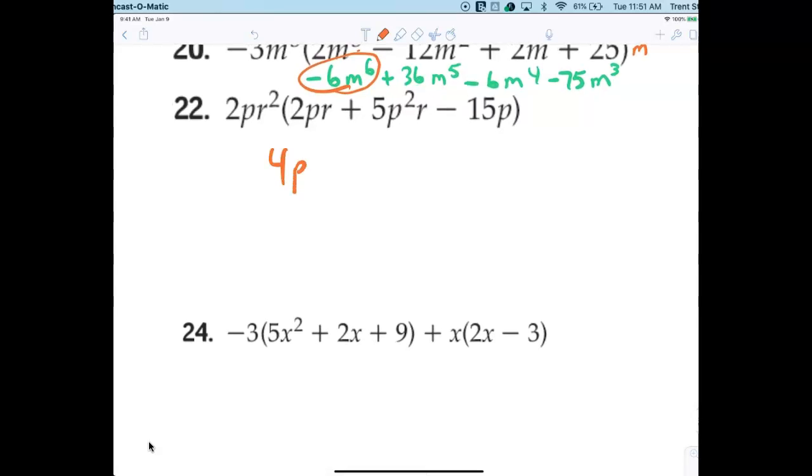4p to the second r, and then r to the third, plus 10p to the third r to the third, minus 30p to the second r to the second.